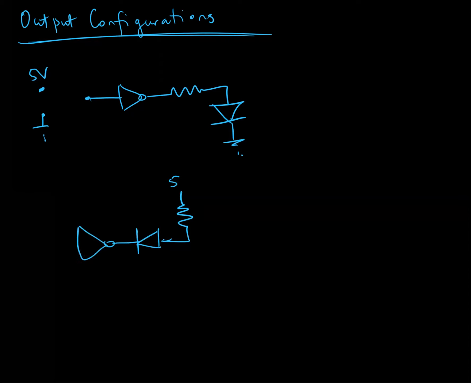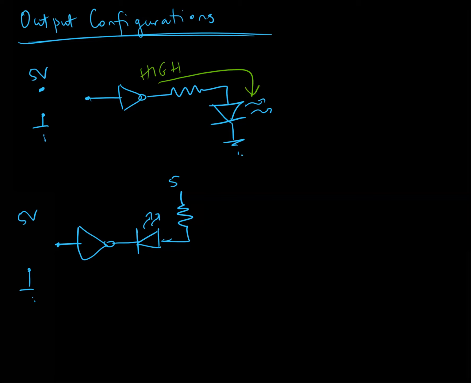There's the output of my gate. There's the input of my gate going either to 5 volts or ground. So I've got these two possible combinations, and this is my light emitting diode, right? In the first configuration, if I want the light to turn on, this output is high, its voltage will be bigger than ground and current will flow like this and the light will be on.